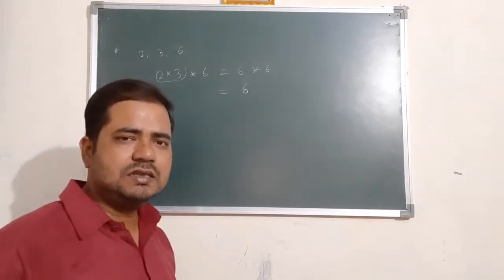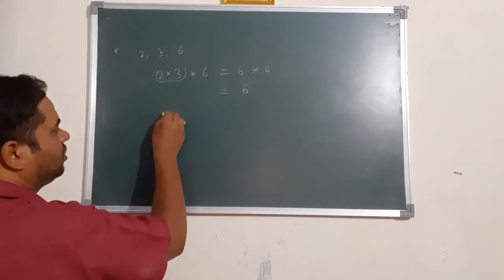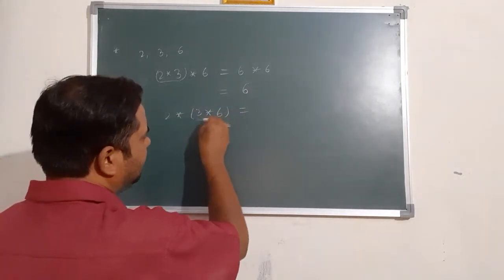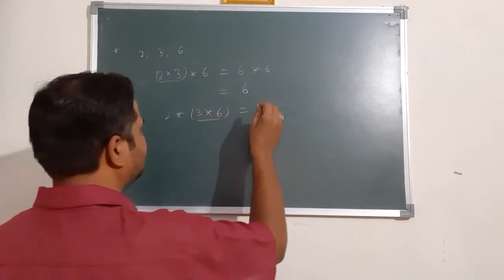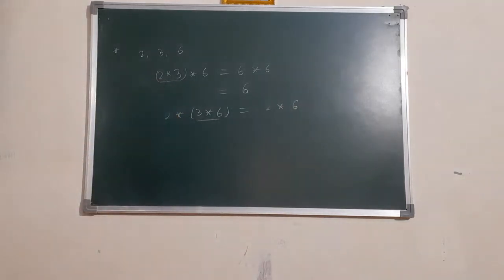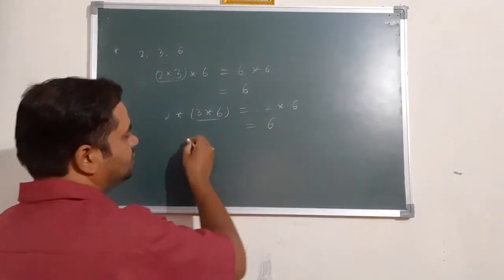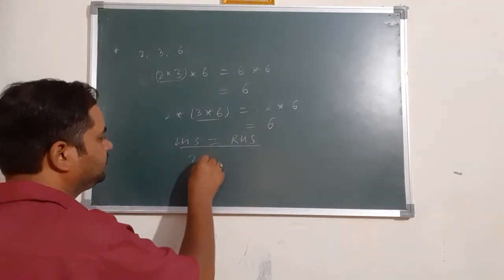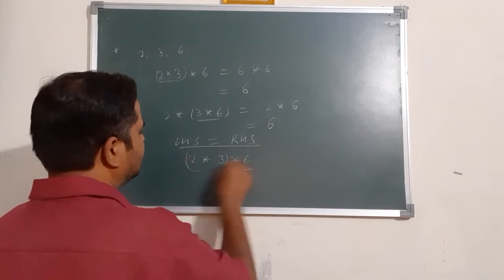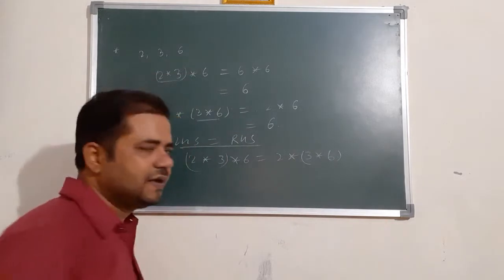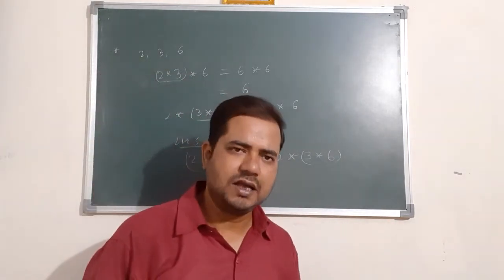Similarly, 2 star (3 star 6): the LCM of 3 and 6 is 6 again, and now the LCM of 2 and 6 is 6 only. So LHS is equal to RHS, that means (2 star 3) star 6 equals 2 star (3 star 6). So this particular operation is associative.